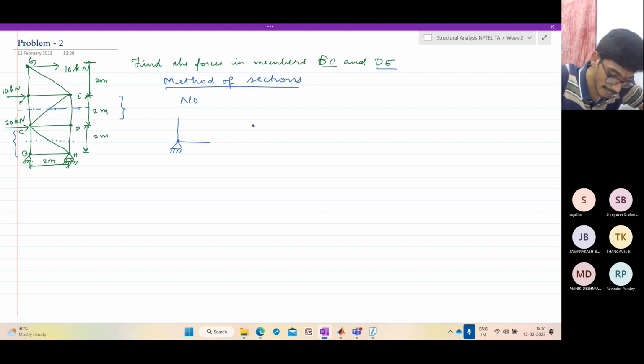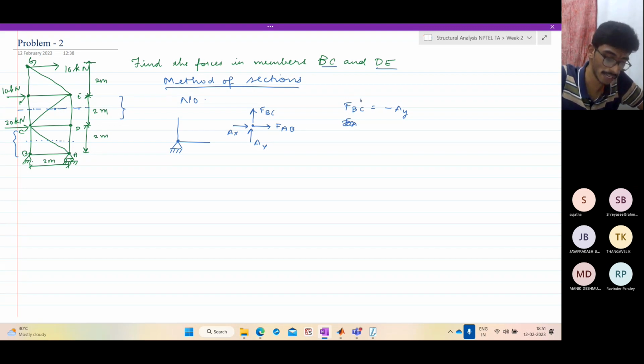So if you quickly apply the equation of equilibrium to the joint, you will have FBC, FAB, AX, and AY. So FBC will be equal to minus AY, and FAB we are not interested in. We want only FBC.